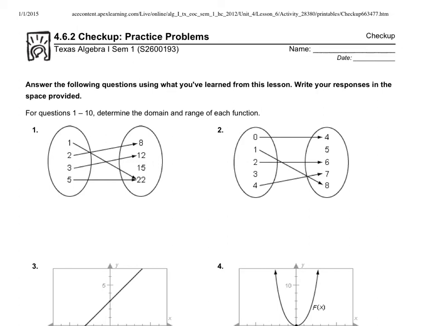It's actually really easy. Our domain is our x's. They're the ones on the left. Our ranges are y's. They're the ones on the right. If something is in our domain, that means there's an arrow coming from it. So 1, 2, 3, and 5 are all in the domain.